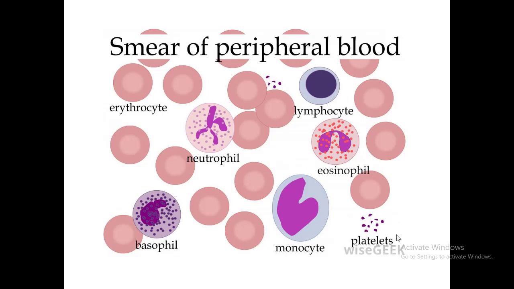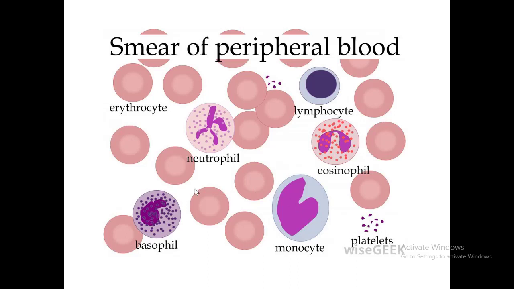Platelets or thrombocytes are the cells responsible for coagulation, and they are small cells, 2-3 micron, smaller than the other cells. And we have here an aggregation of platelets or thrombocytes. These cells also are anucleated, they have no nucleus. So red blood cells and platelets have no nucleus.